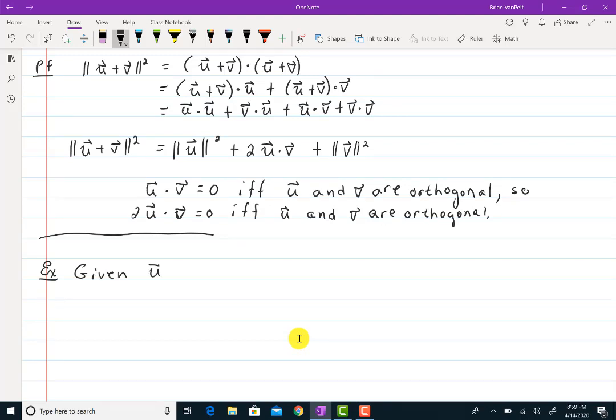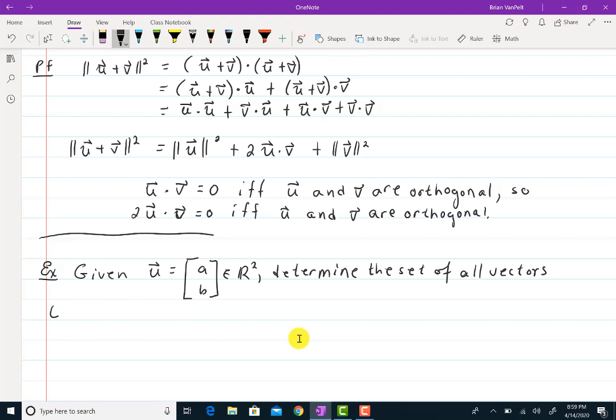Given u equals (a, b) in R squared, determine the set of all vectors that are orthogonal to u.